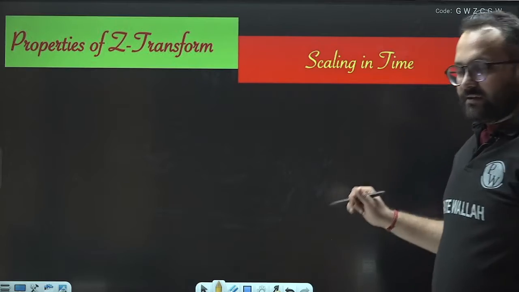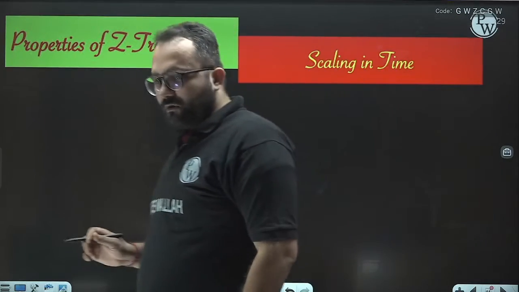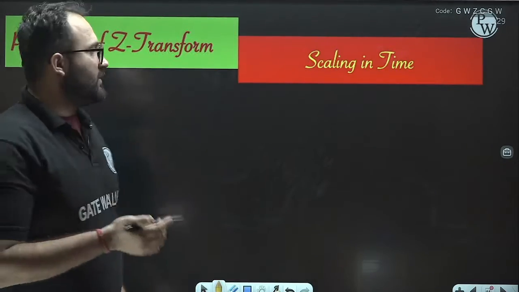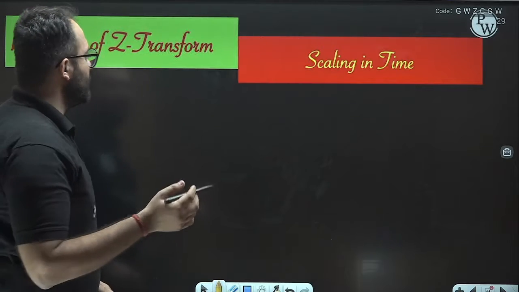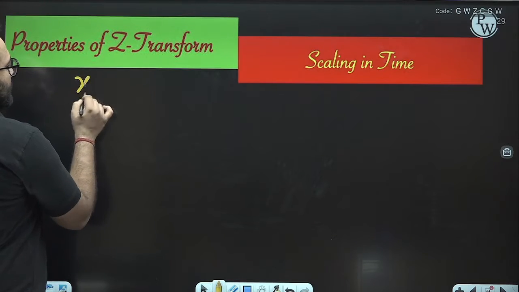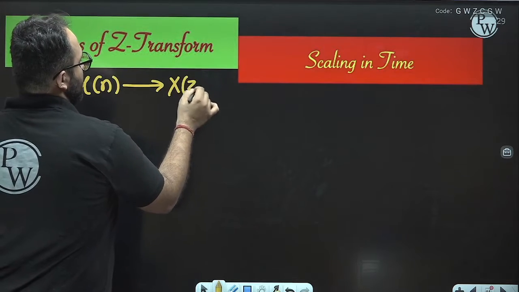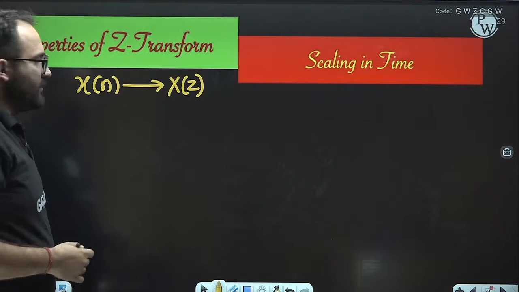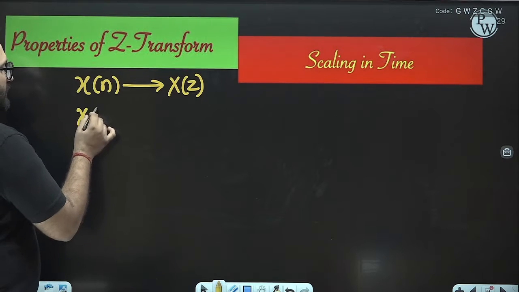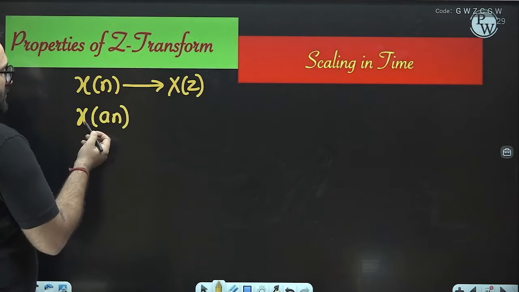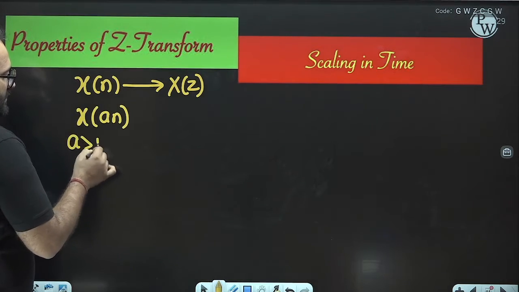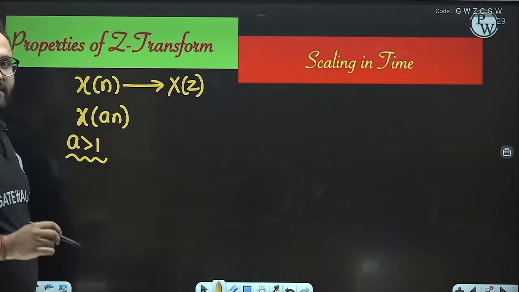Now scaling in time domain. Obviously scaling in time domain leads to loss of information. x[n] has X(z) as the z transform. So x[an], let us say if a is greater than 1, then there is a loss of information.